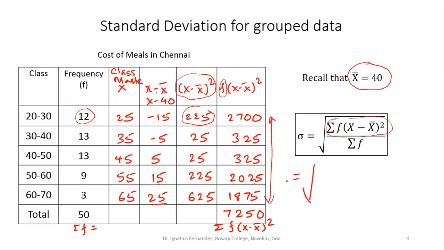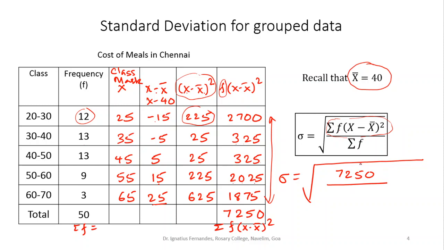So sigma, the standard deviation, is equal to the square root of this numerator, 7250, divided by summation f, which is 50. 7250 upon 50 comes to 145, and the square root of that, square root of 145, is 12.04.